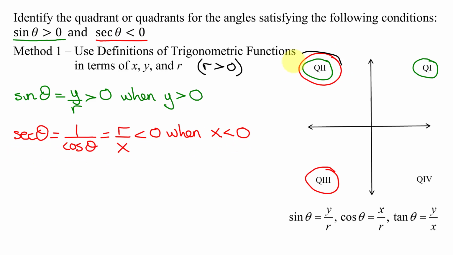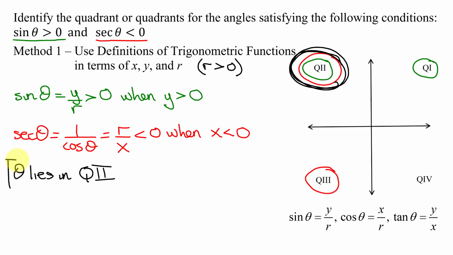Well, that's up here in quadrant 2. So I know that theta lies in quadrant 2. So if I drew this angle in standard position, its terminal side would lie somewhere up here in quadrant 2.